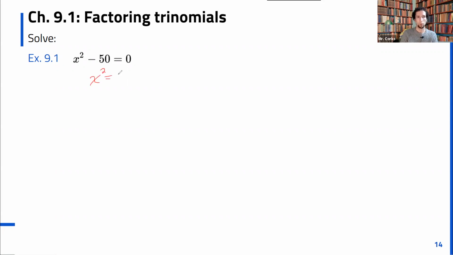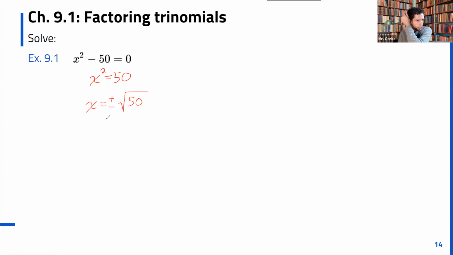X squared equals 50. And? Square root of both sides. So x is equal to what? You can still have the square root, but just tell me what's going to go in front. Positive or negative. Okay, so plus minus square root of 50.